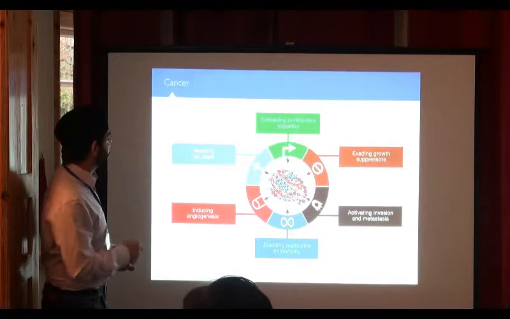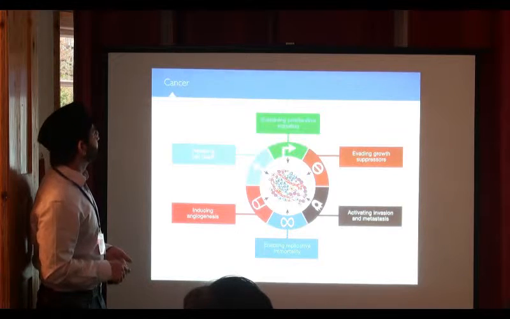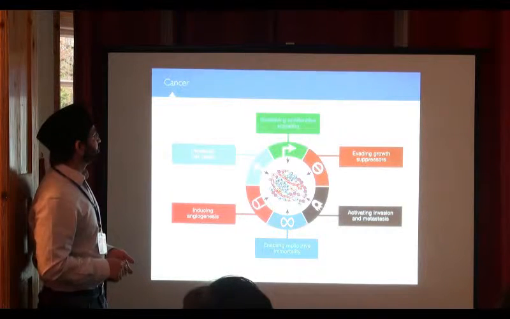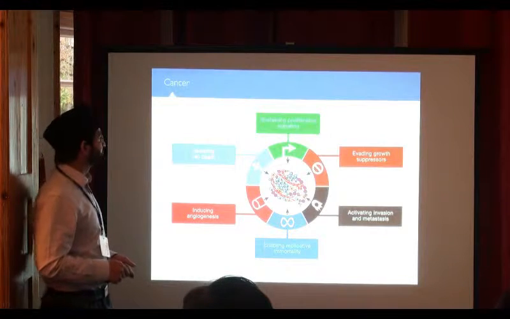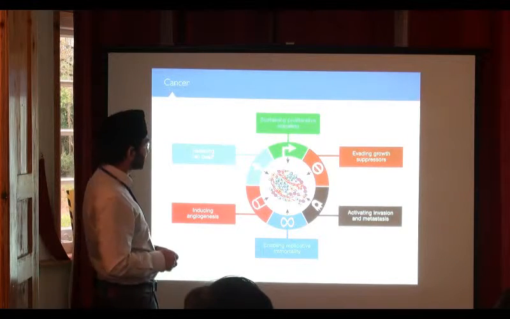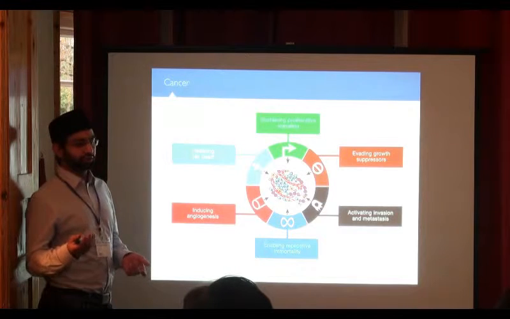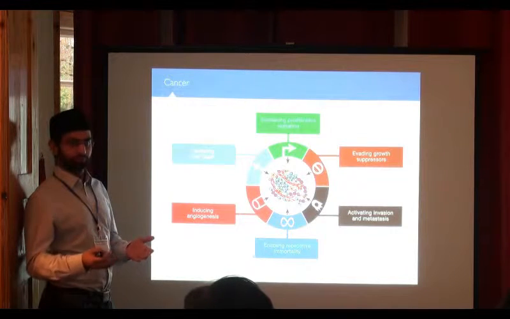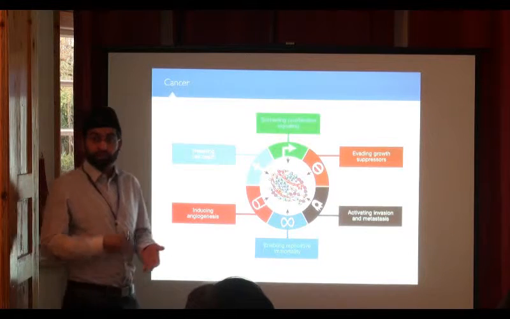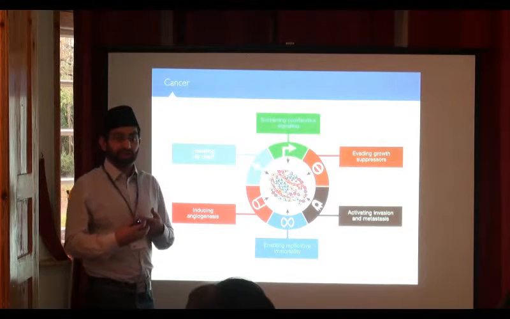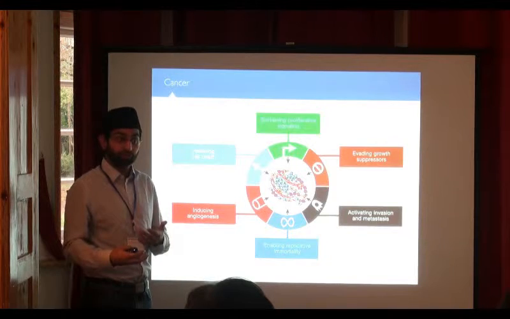So for instance, one of the things is you have something in each cell called proliferative signaling, and that's about making your cells grow and proliferate. We need that in our cells because as we grow, as our cells die, we need to replace them with new ones.